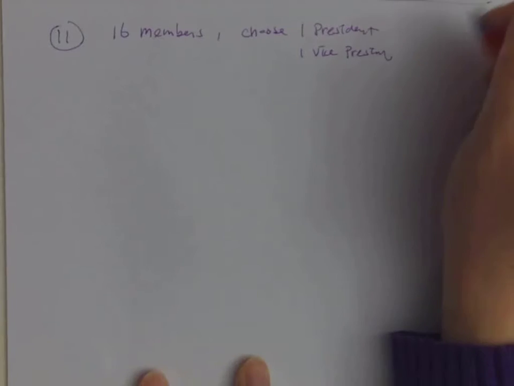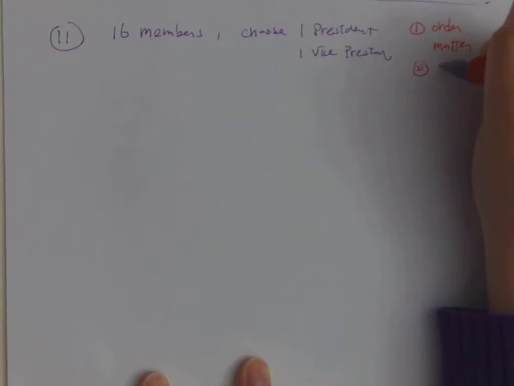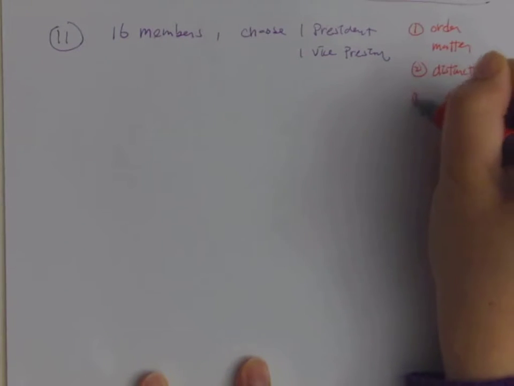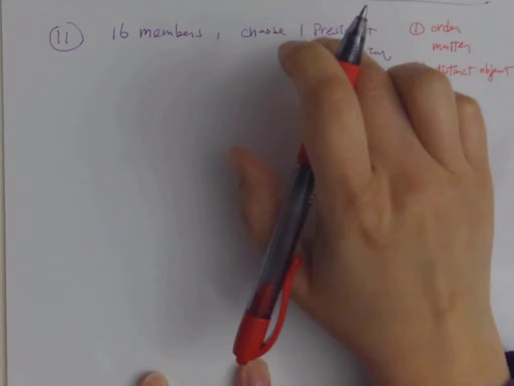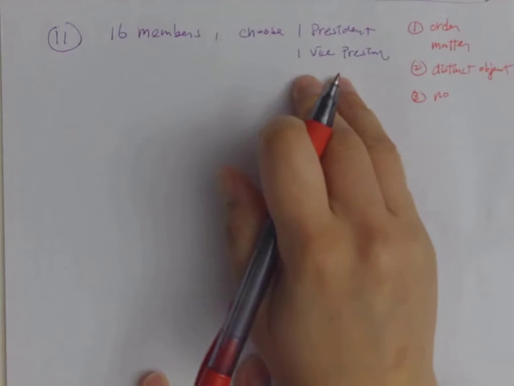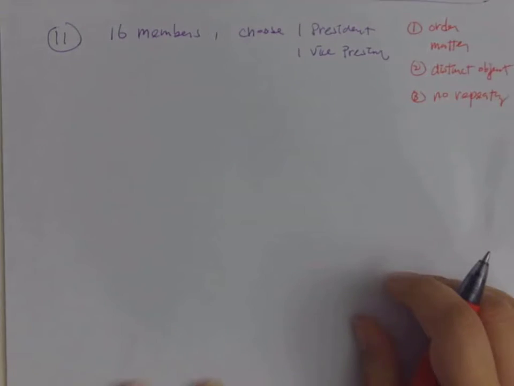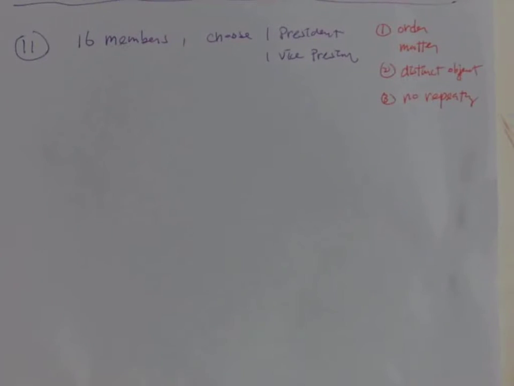I can see that the order matters, and they are distinct objects, and also there's no repeating. If I'm the president, I cannot also be the vice president. President and vice president are not the same thing, so the order matters. There's no repeating, so we can say this is permutation.